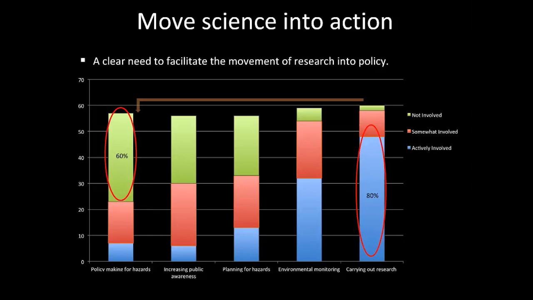So the second action that we created for this program was to really facilitate the movement of science into policy, and that's where the translation really kicked off. Through our work in applications for the SMAP mission, we can help move research into the appropriate operational audiences. And that in itself starts to identify what are the limitations, what are the requirements that we have to address, and what are the user needs.